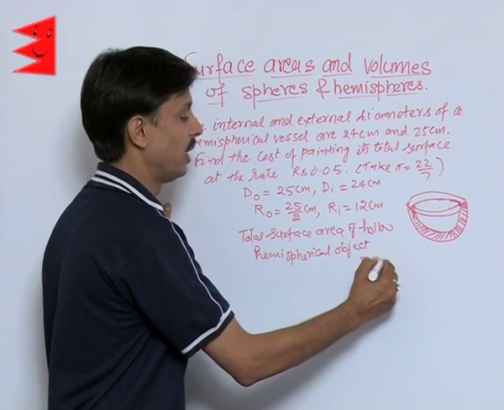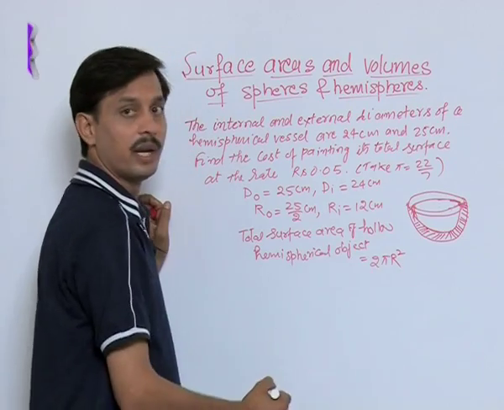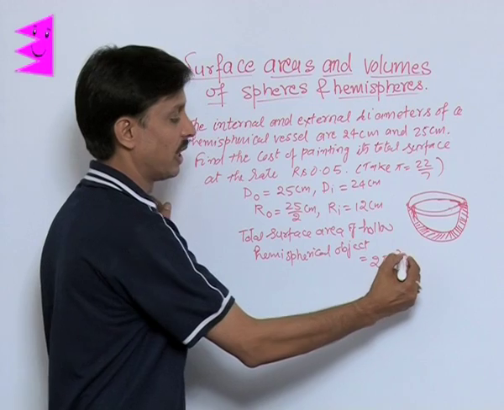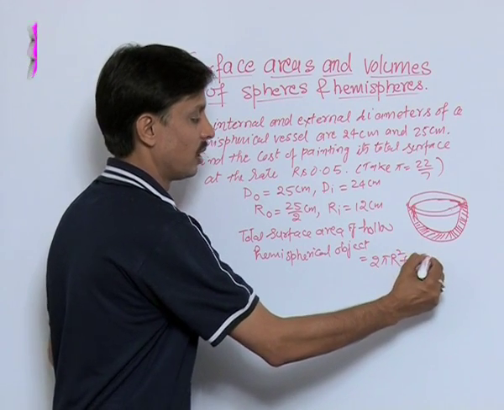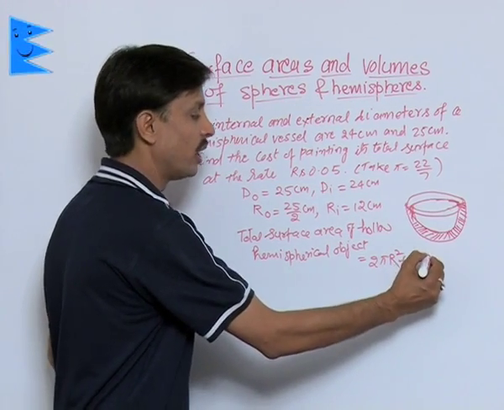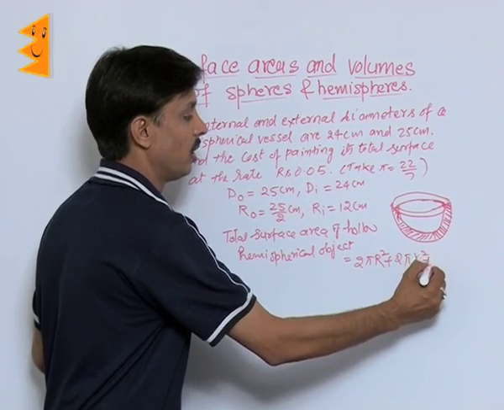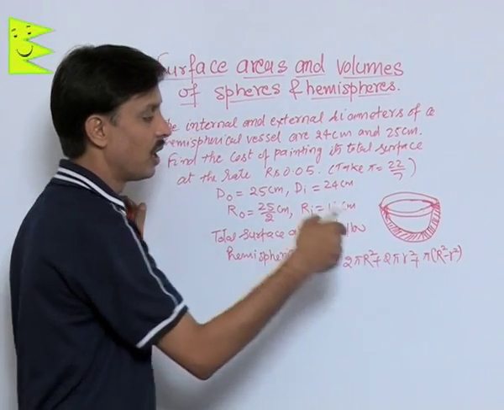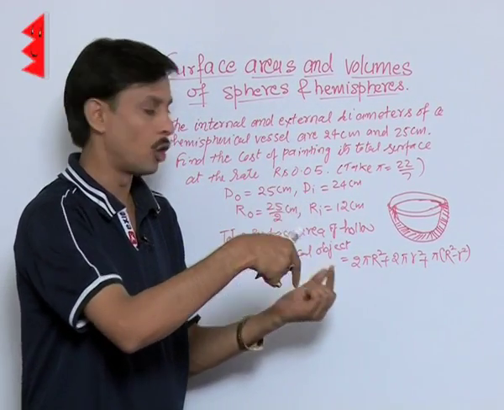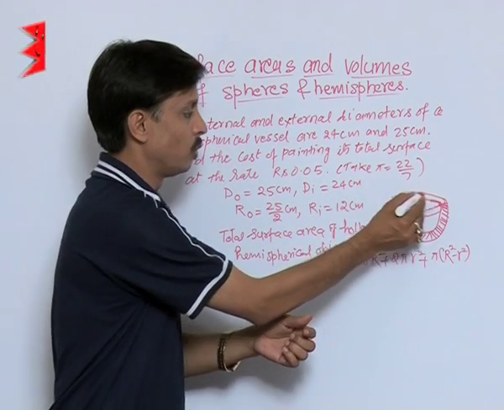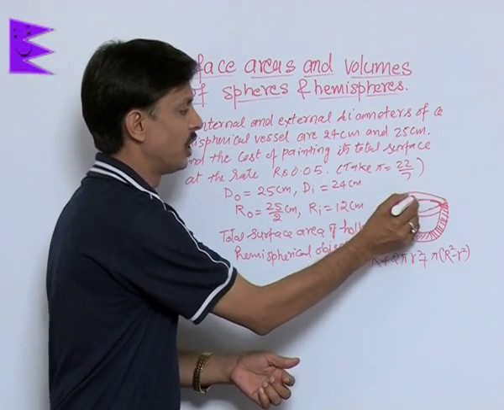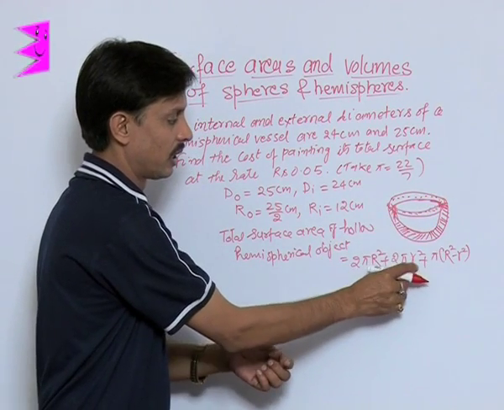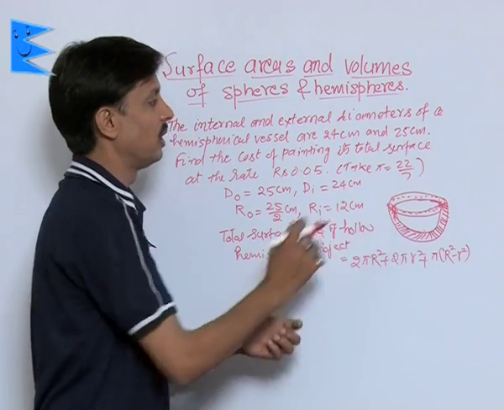It is given by 2 pi capital R square, that is the external radius, that is the external curved surface area, plus 2 pi small r square, the internal one, plus pi into capital R square minus small r square. This is the area of the ring or edges of that thickness. I can show you like this here. This shaded dotted part is the area, and internal is this one, external is this one.